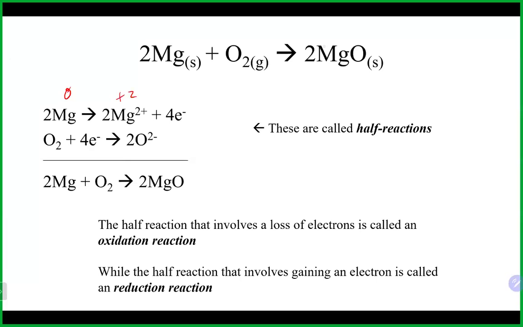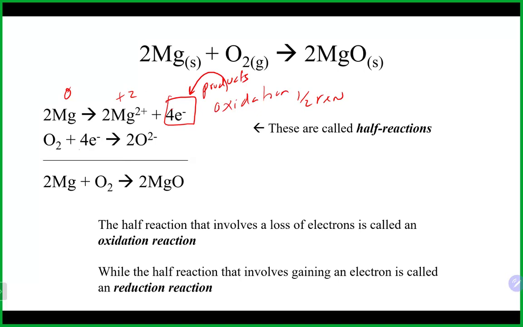It's losing electrons. So this is our oxidation half reaction. And basically, we know it's the oxidation half reaction because our electrons are on our product side. So if our electrons are on the product side, then it definitely is an oxidation half reaction, like those electrons are being given off and released.